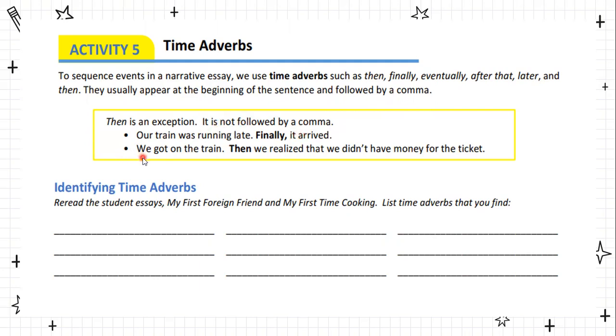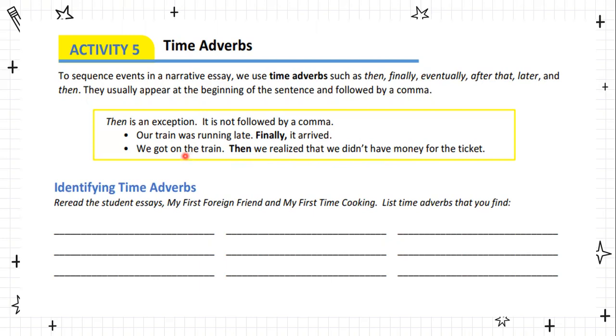Let's look at the other example. We got on the train. I started a new sentence. Then we realized that we didn't have money for the ticket. When did they realize they do not have money? After going on the train. So because I have the time adverb then, I can know that this happened after this action or after this event, okay?